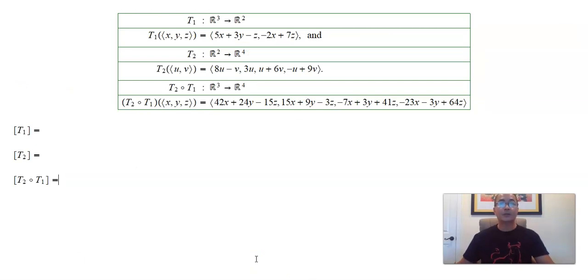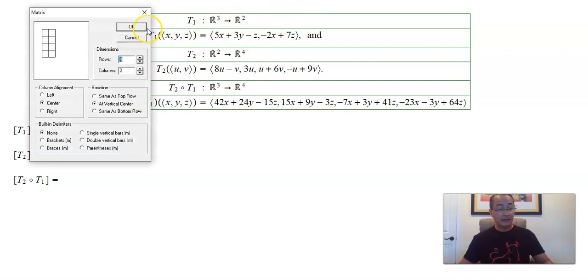Okay, let us summarize what we just did. We started out with T1 and T2, and we computed the composition. Okay, let's make matrices for these three transformations. T1, going from R3 to R2, so we need a 2 by 3 matrix.